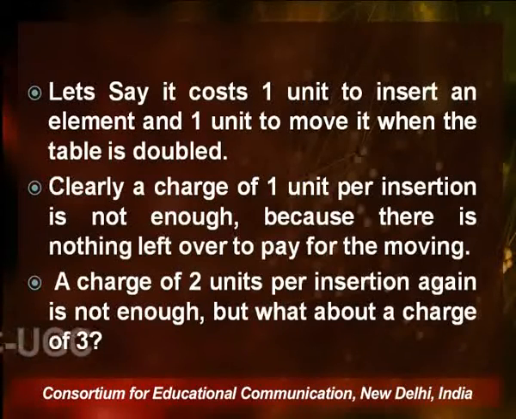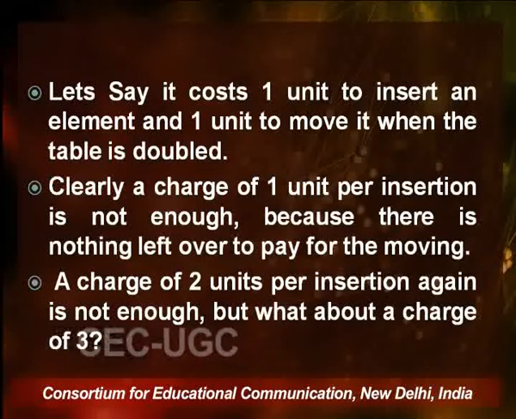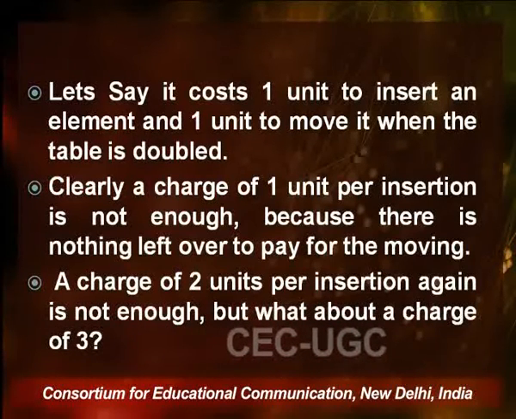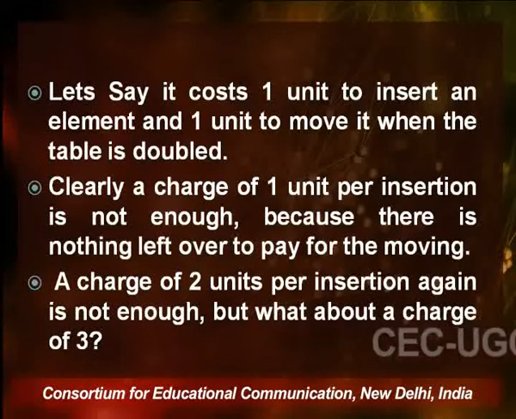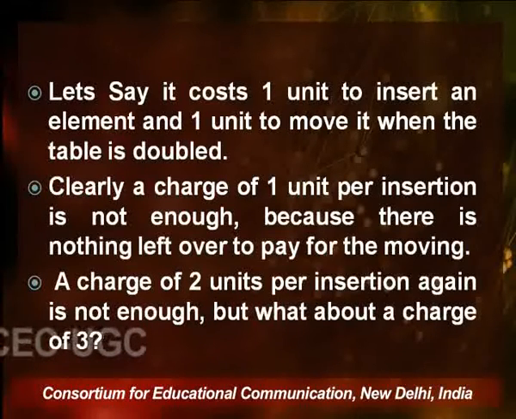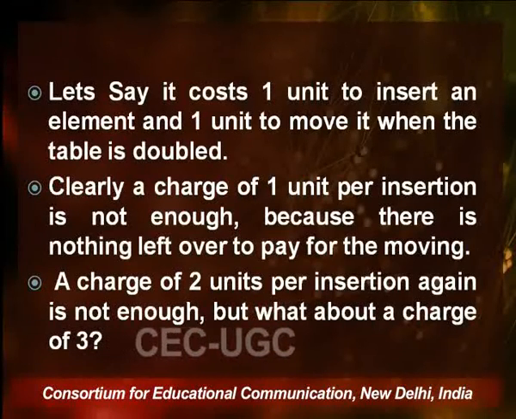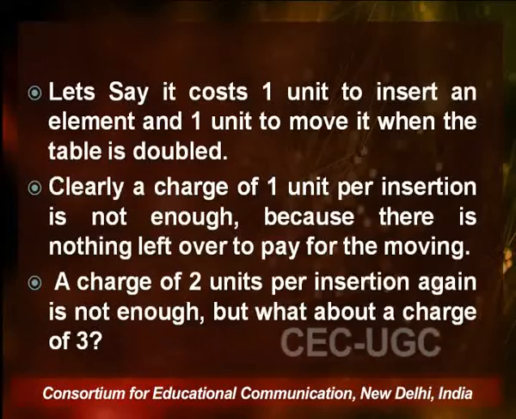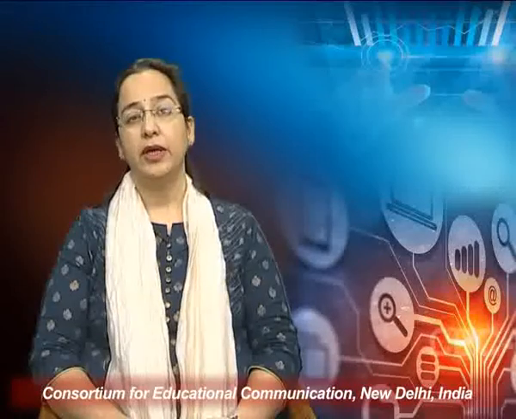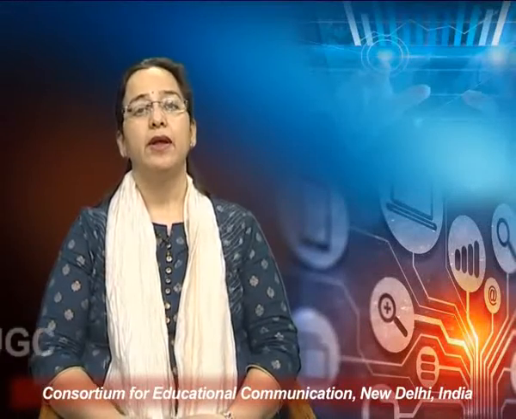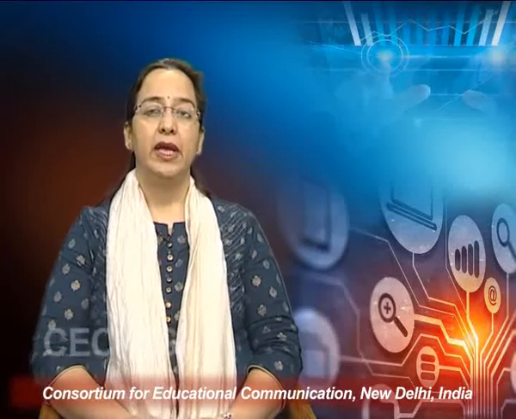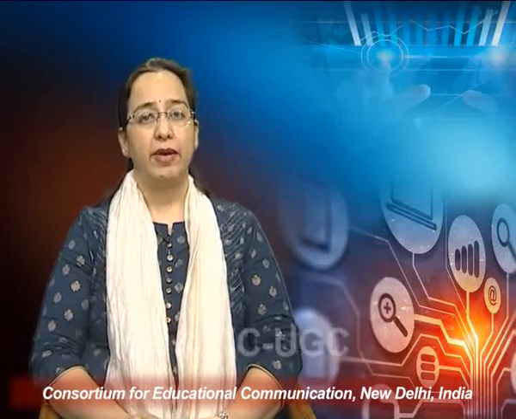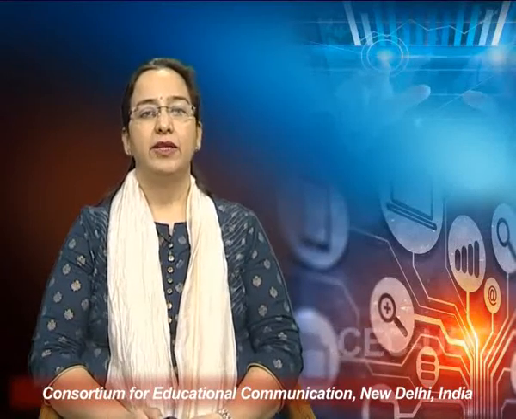That is fine. So, what if we fix a charge of 2 units per insertion? Is it going to be sufficient? No. A charge of 2 units per insertion is again not sufficient. Instead, we need a charge of 3. Now, why do we need a charge of 3?